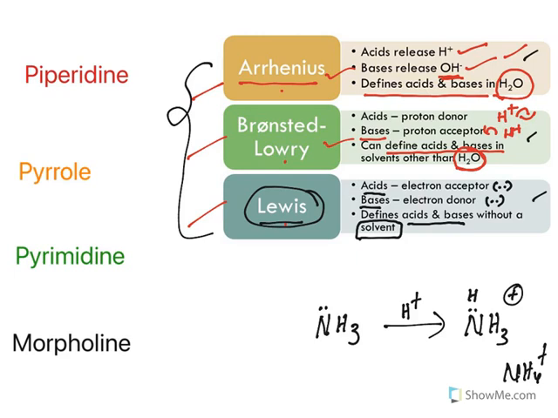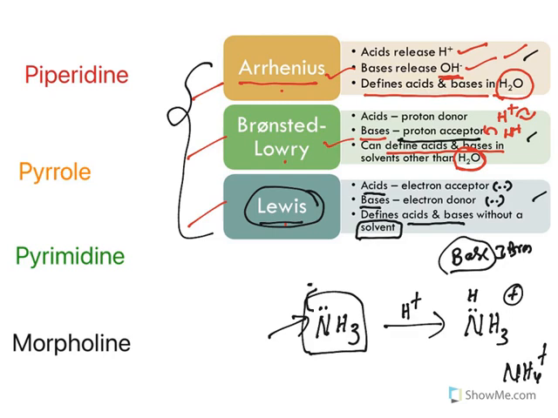Now see what has happened. Ammonia has accepted a proton. So according to Bronsted-Lowry theory, because it is accepting a proton, it is a base. Now look at it with respect to the electron pair. When it is accepting a proton, it is donating its electron pair to the proton.